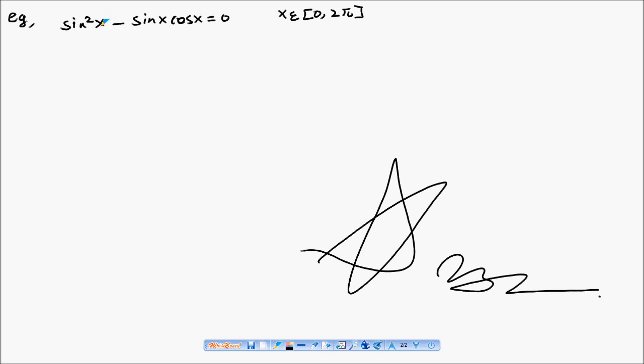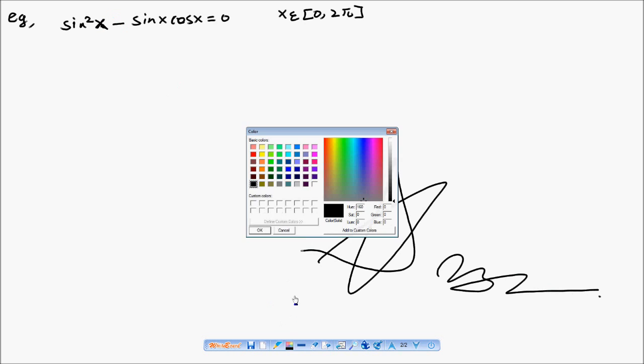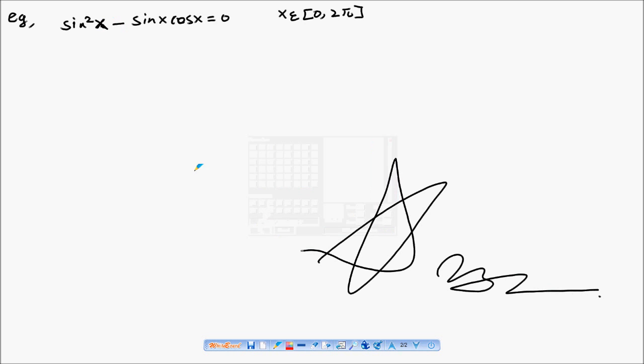Now to do this kind of question, I just make it clear. Sine square x is just equals to sine x square. Similarly, if I have sine cubic x, it is equals to sine x cube.